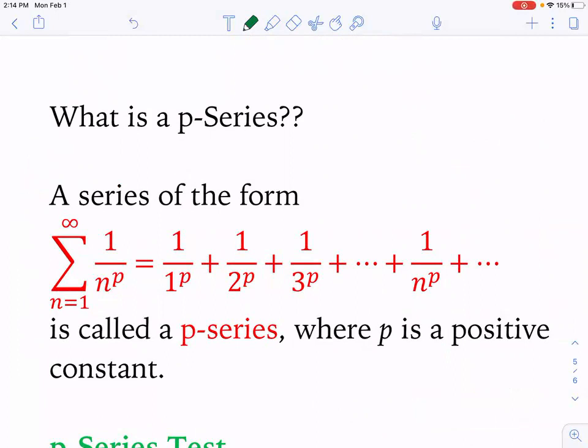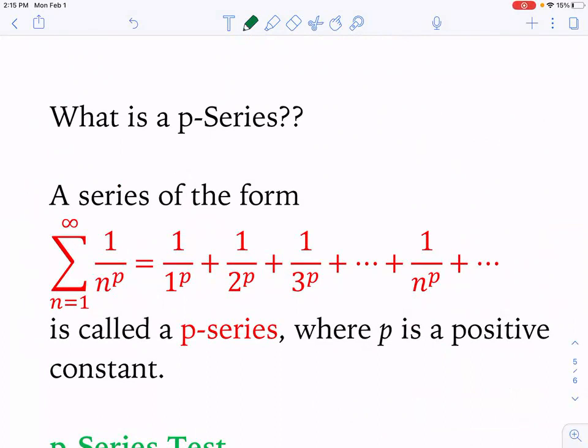Some of you are like, ooh, can we call it geometric? No, we can't call it geometric because our exponent needs to be the variable. Now our variable is being raised to some number P. And we're going to have what's called the P-series test. Here in a moment, I will reveal it to you.